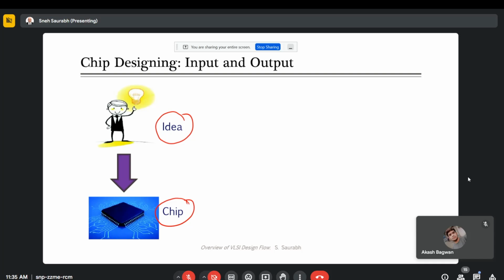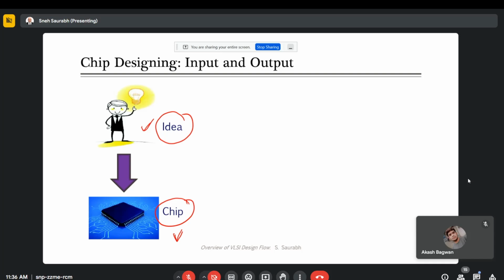That functionality can be related to processing, to some controlling, or to some communication kind of chip and so on. So we start with what we want to achieve with our chip, right? And the final goal is that we should have a chip which delivers that required functionality. Of course, it should also satisfy our constraints in terms of speed, power, and other things, right?